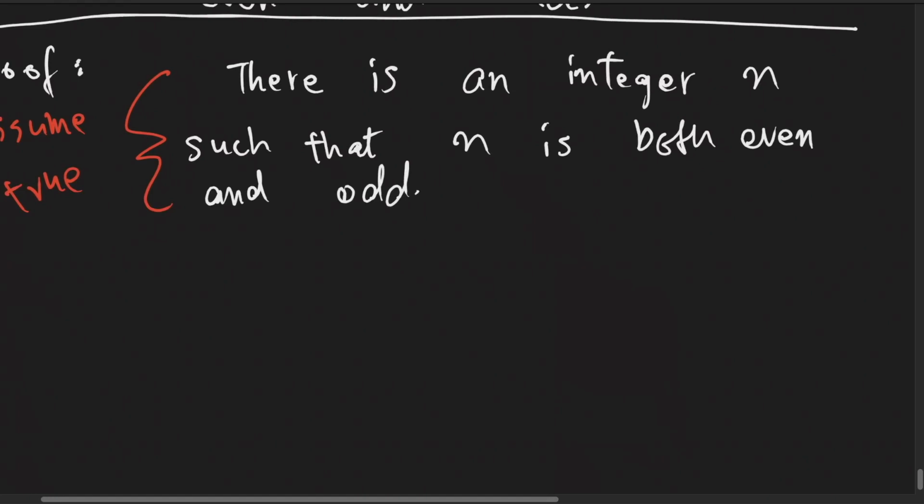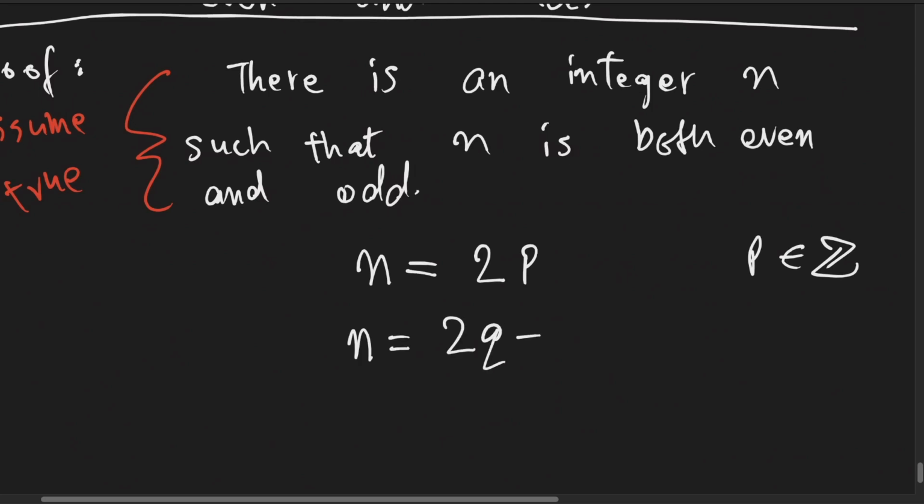Because n is an even integer, we can write n as 2 times some integer p, because all even integers can be written as 2 times some other integer. And because n is odd, we can write n as 2 times q plus 1, where q is some integer, because all odd integers can be written as 2q plus 1, and this is the general form of an odd integer.